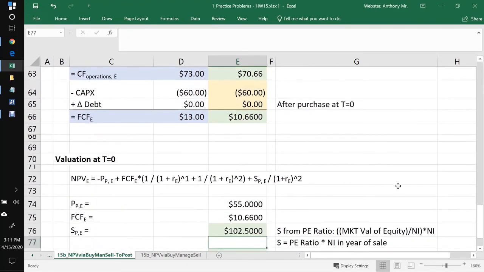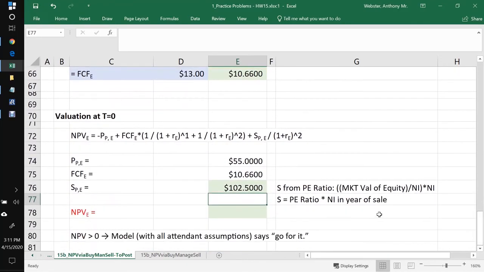So we go ahead and do that, and we get that the best estimate of the sale price is 102.5 million. All right, so far so good. And now I think we have everything we need to compute our NPV here. Let's see if we can do it.